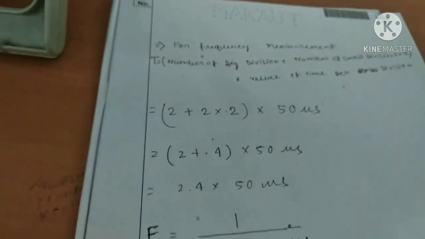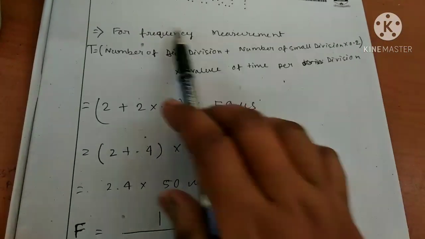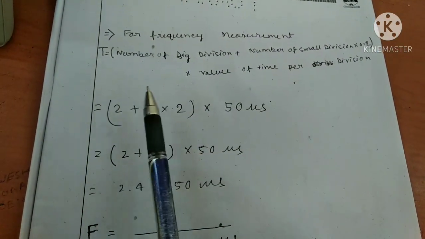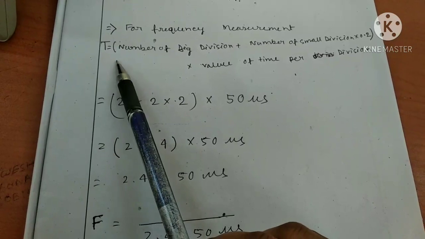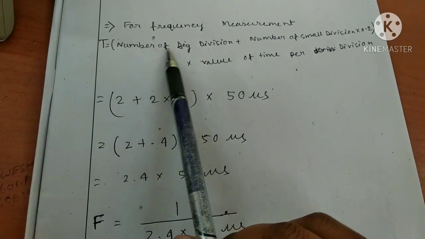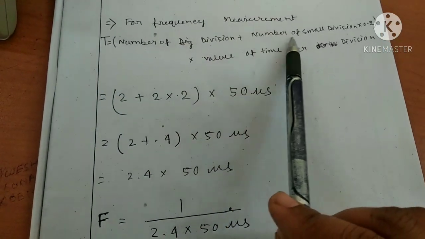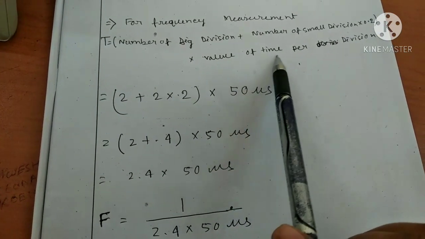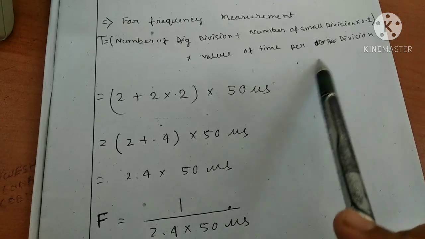Next we go to the calculation part. In the calculation part we require the frequency, but we cannot get the frequency directly. We need to measure the period T, that is the number of big divisions plus the number of small divisions times 0.2, times the time per division value.